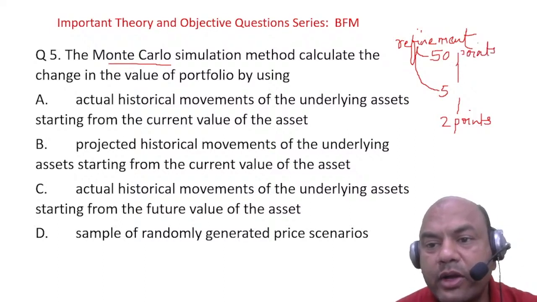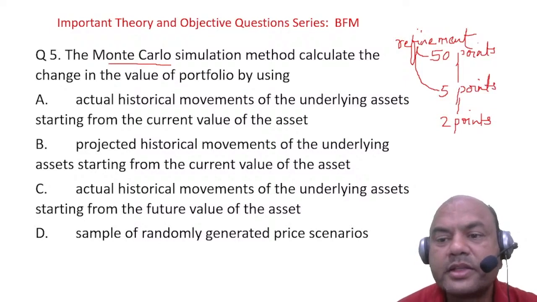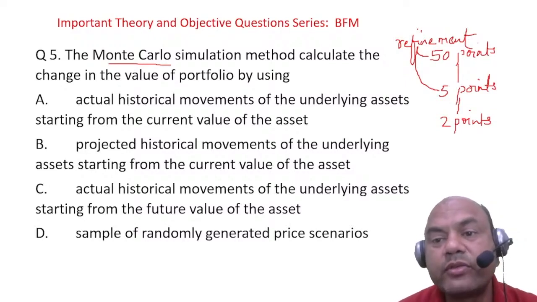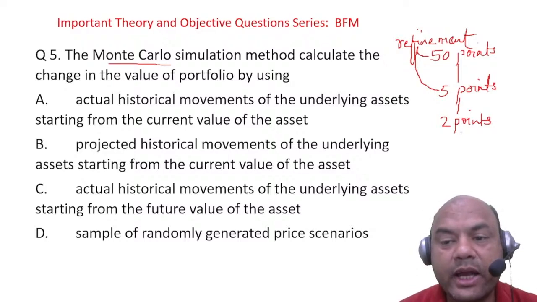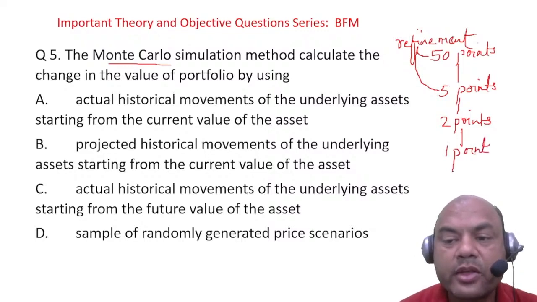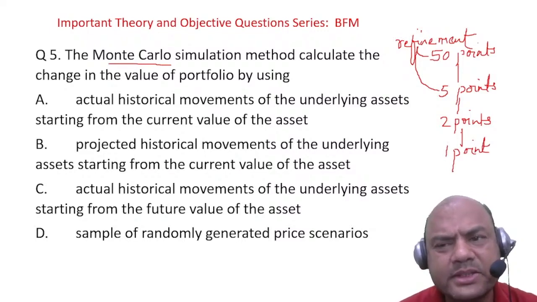From here we refine to 5 points. Second meeting, from the second meeting we refine to 2 points. It means we are going on refining the scenarios. What all can happen? That is Monte Carlo simulation. And in the end, from the 2 points we come up to the single point, which is our main answer. So that is Monte Carlo. It goes on refinement. This I have given you in layman's language.